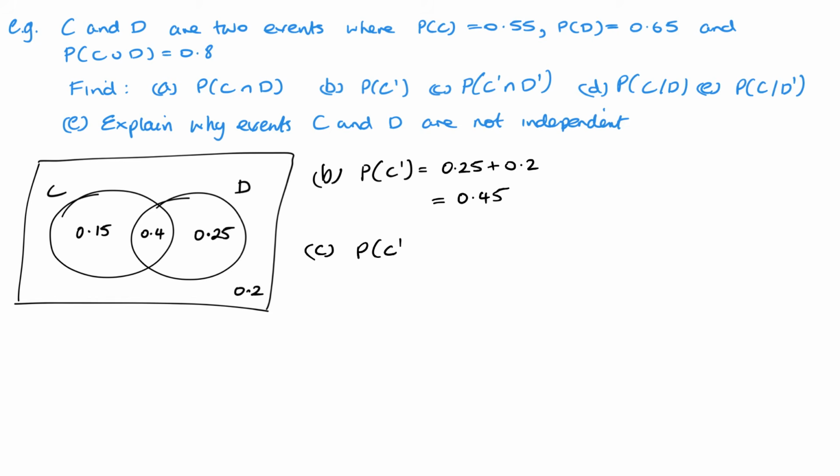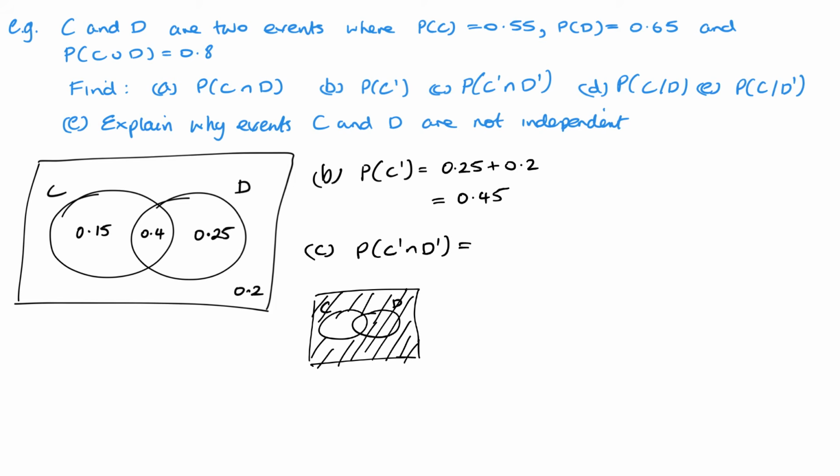Probability of not C, not D. Okay, so again, you get to one where you're a little bit unsure, so I just go with a quick little mini Venn diagram. Not C, everything outside of C, isn't it?